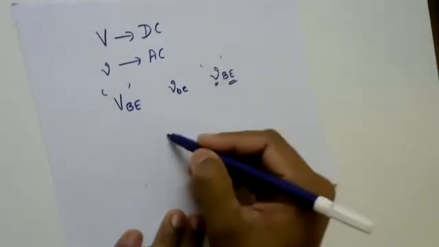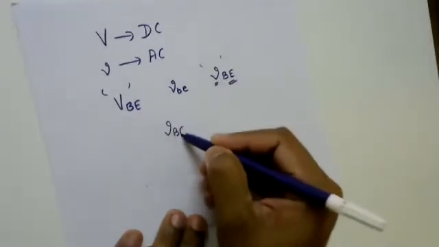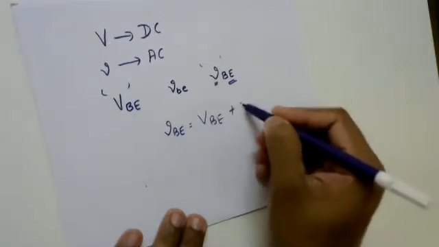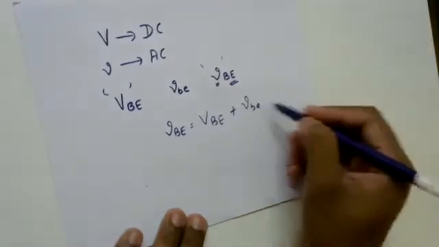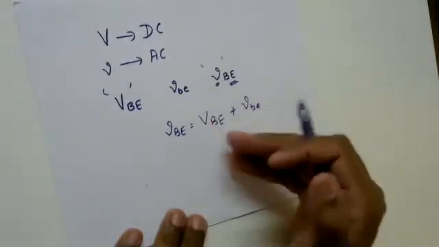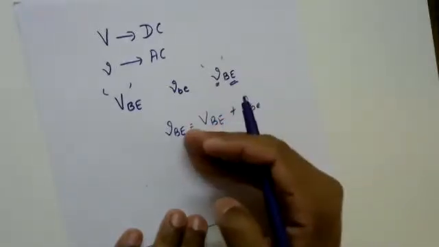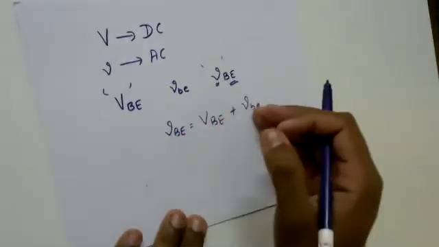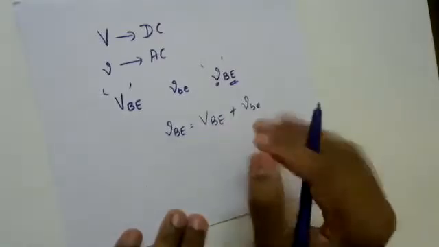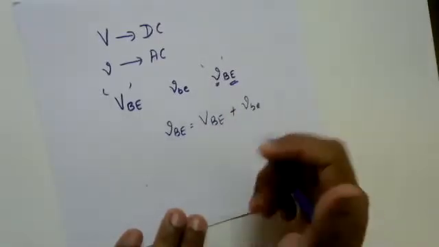Wherein you will write an equation vBE is equal to VBE plus vbe. And you should not say, sir, how come? What is the equation you are writing? That VBE plus vbe is equal to vBE. Alphabetically, each term is talking about VBE, but electronically, each term has a different meaning.